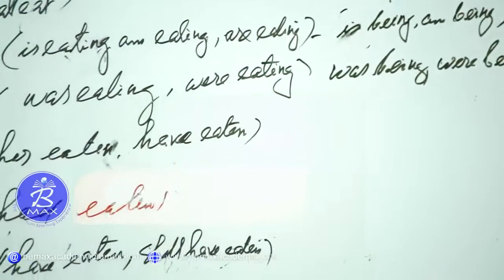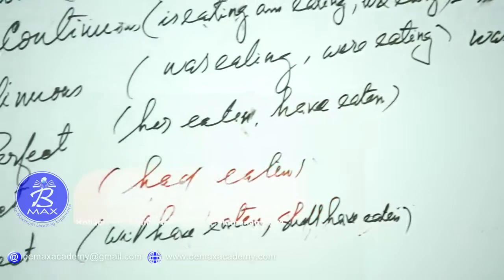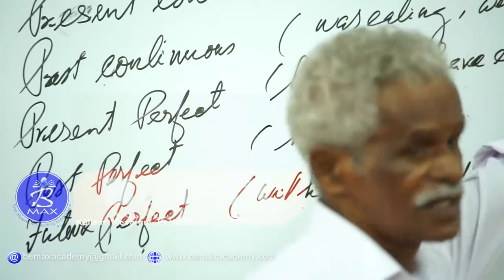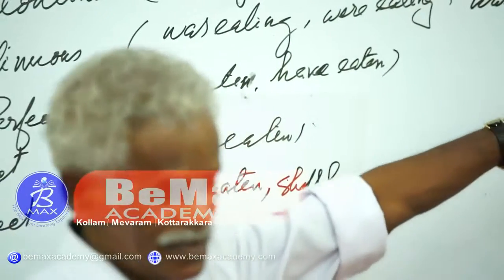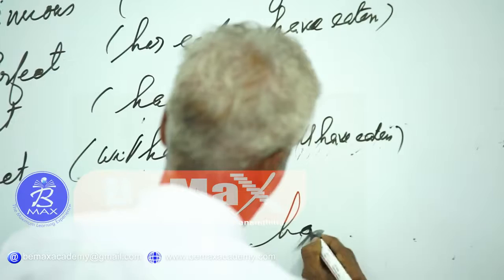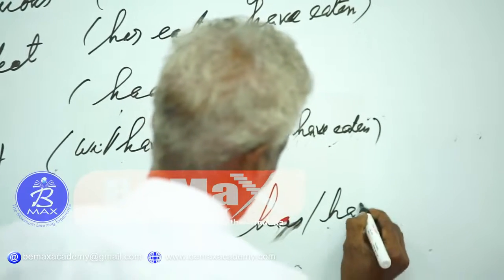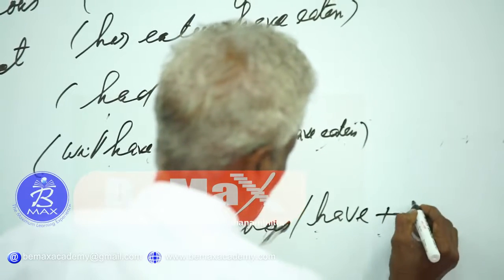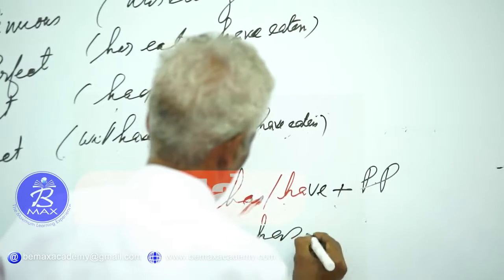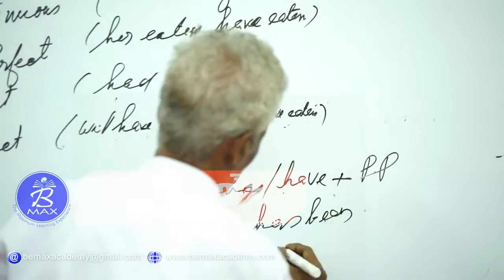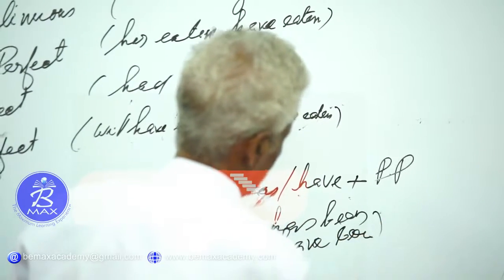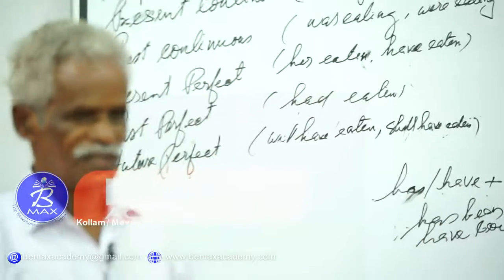Then present perfect. We have to write the be form. In the continuous, we have written is being, am being. Present perfect, you take this actually like this: has or have plus past participle. So we write it as has been or have been. It is the present perfect of be.